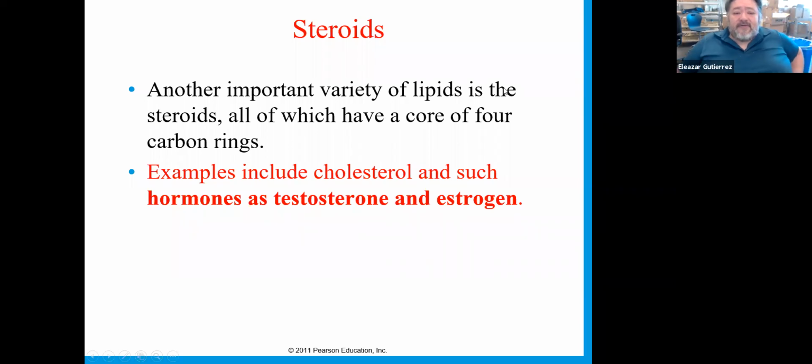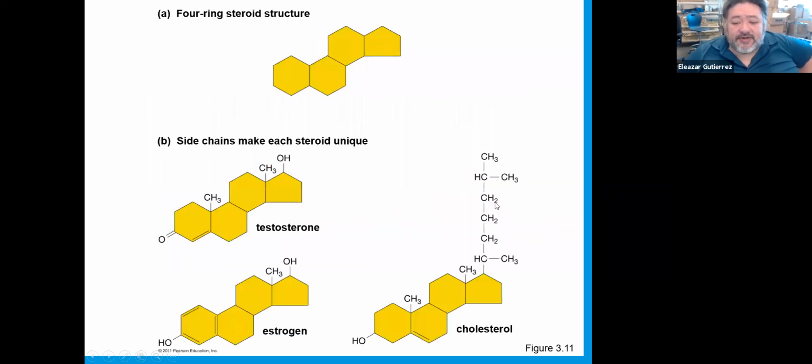Another important variety of lipids is the steroid, all of which have a core of 4 carbon rings. Examples include cholesterol and hormones such as testosterone and estrogen. So this is very interesting. See the 4-ring motif? 1, 2, 3, 4.